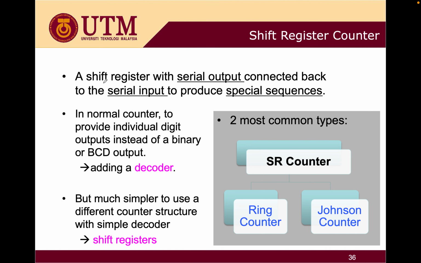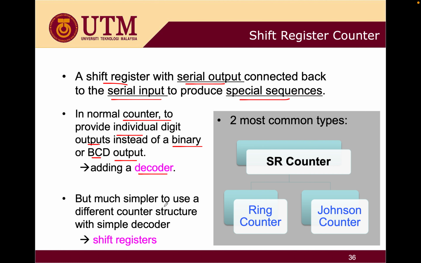A shift register with a serial output connected back to the serial input produces special sequences. In a normal counter, to provide individual digit output instead of binary or BCD output, you would add a decoder.